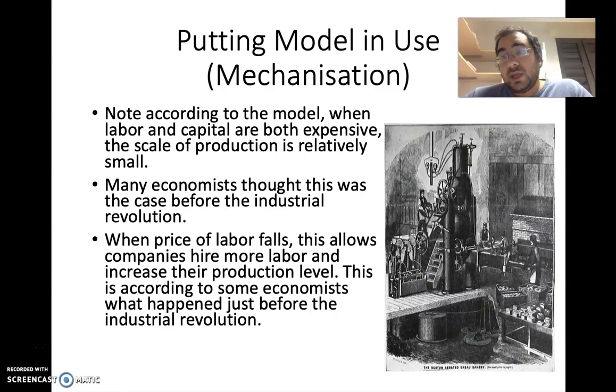In the 18th and 19th centuries, throughout that period, arguably because of the increase in production level and decrease in cost, the cost of capital has fallen. And when the cost of capital falls, this will lead through the substitution effect companies to substitute capital for labor, but it will also arguably lead companies to increase their scale of production and hire more workers.